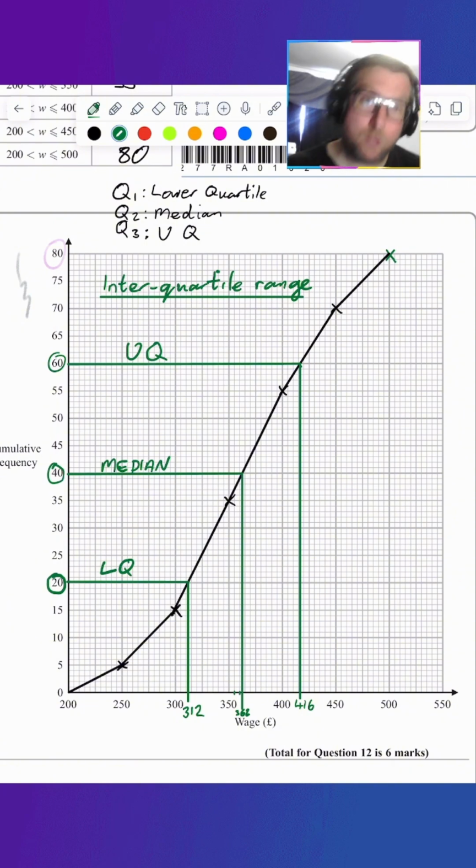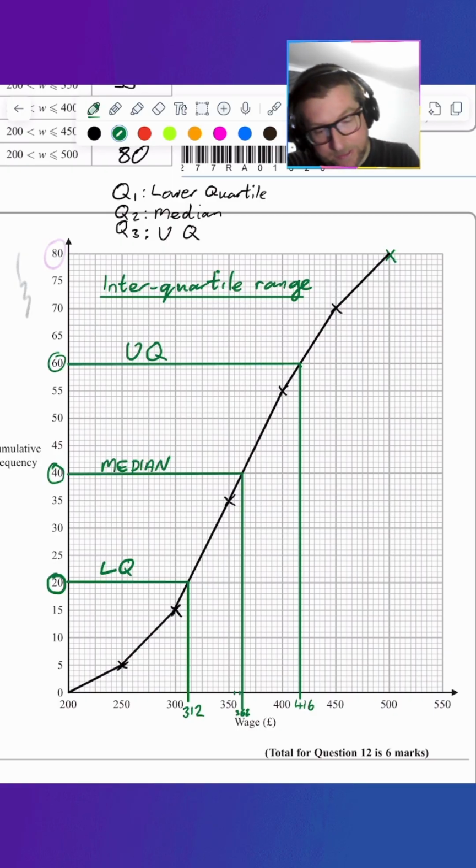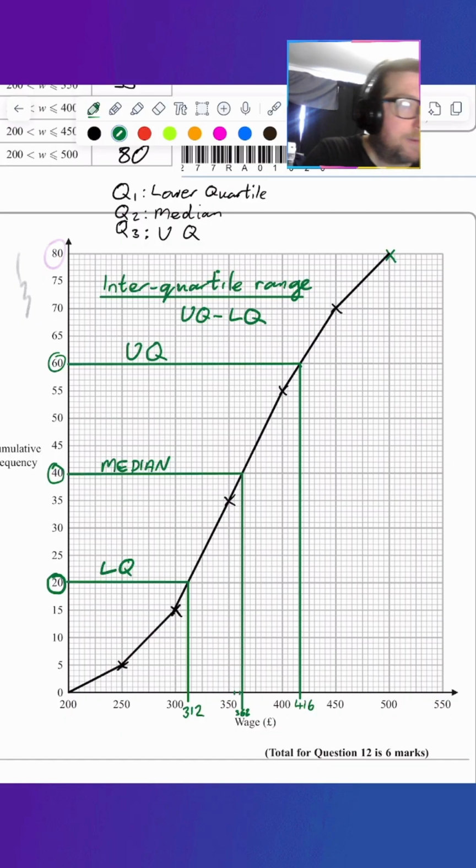So the interquartile range is the upper quartile minus the lower quartile. And that is another measure of range. Rather than telling you how spread out all of the data are, it tells you how spread out the middle 50% of the data are.